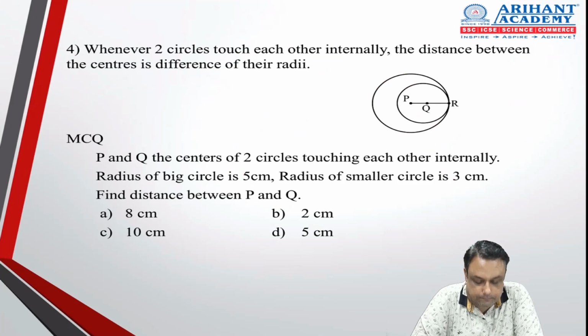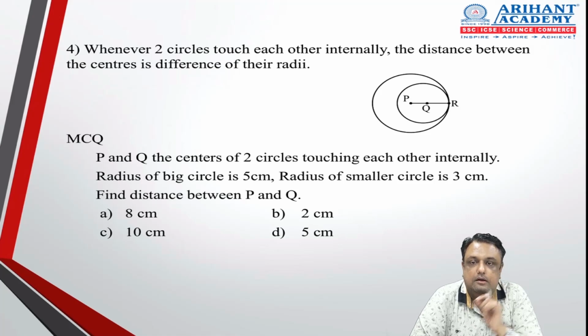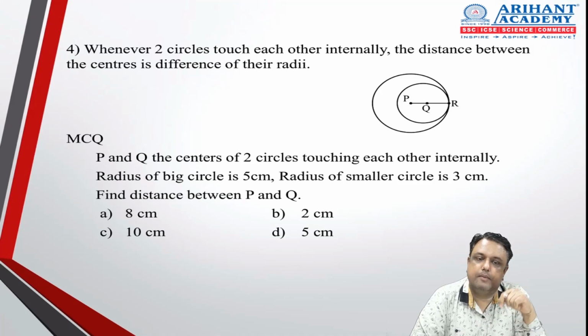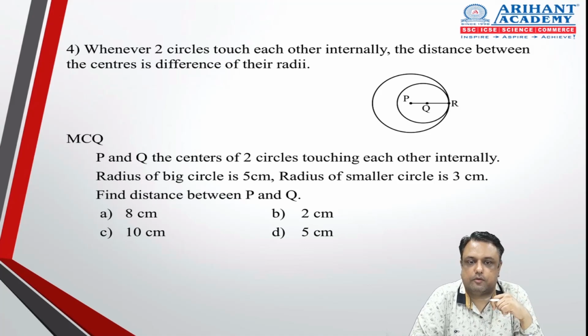So fourth point: whenever two circles touch each other internally, the distance between the centers is the difference of their radii. Externally it is the sum of their radii, and internally it is the difference of their radii.